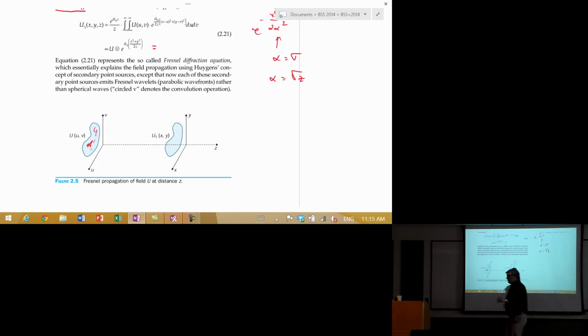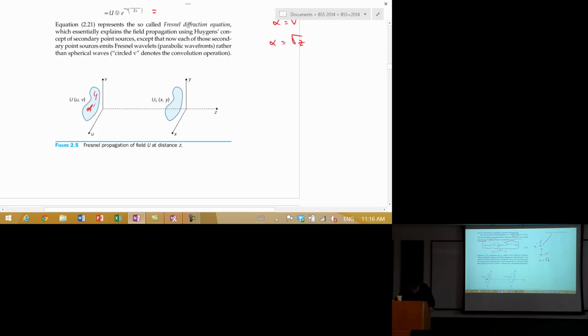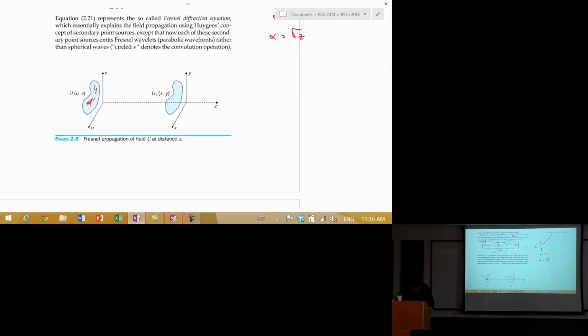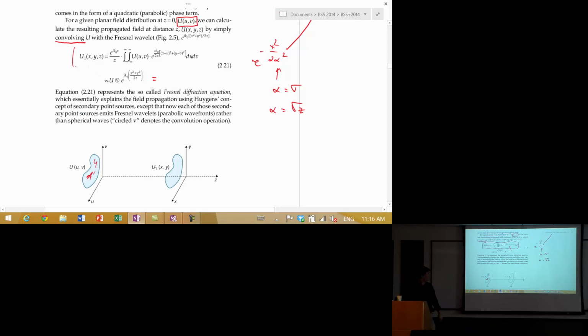It turns out that at this point, after 15 minutes in our lecture, actually a lot more than 15 minutes, we're behind. We are able to write the final solution quickly. This is the Gaussian, this is the Fresnel approximation up there. This is my input. This tells you the field distribution at this plane. U1 gives you the field distribution at a certain distance Z from this, according to the Fresnel approximation.